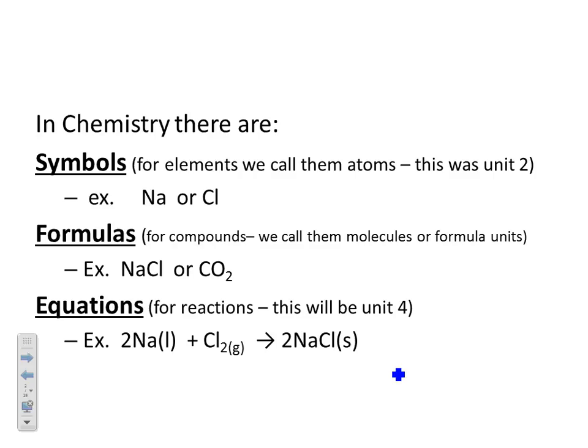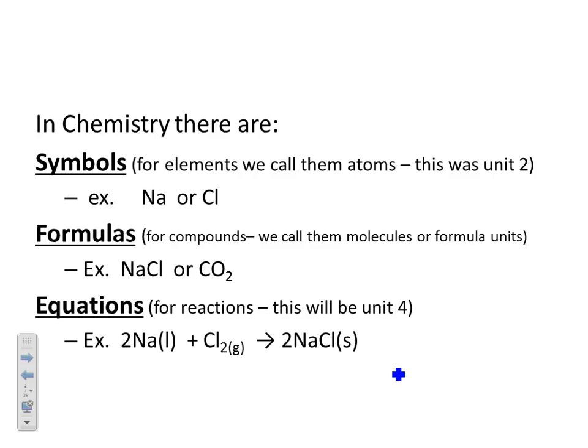It can tell us that sodium has similar properties to the elements lithium and potassium. And last unit we used it to determine the electron configuration, which told us how many electrons were involved in bonding.